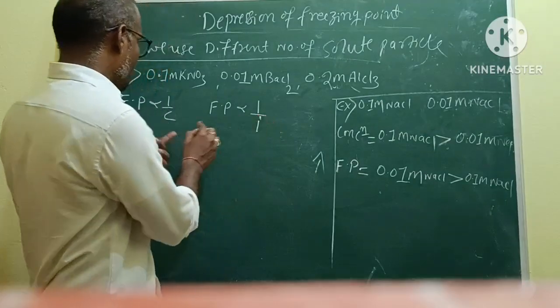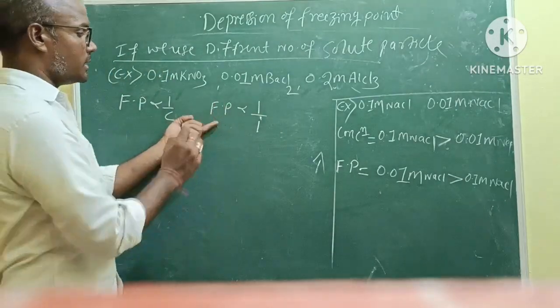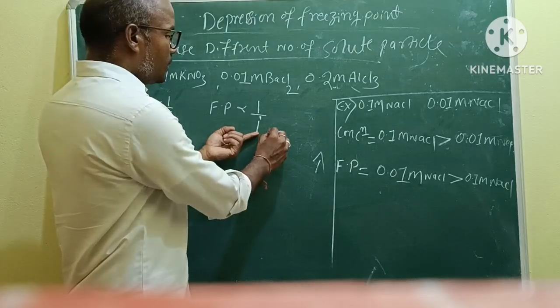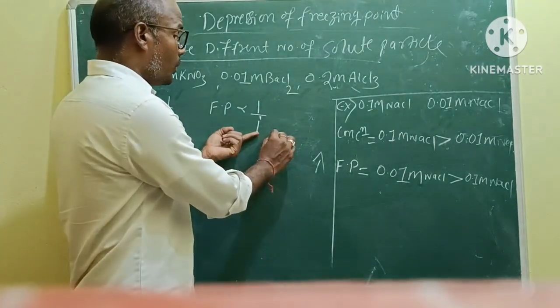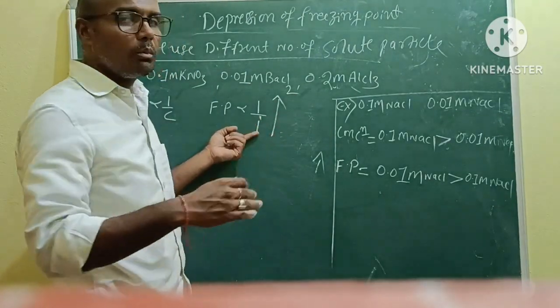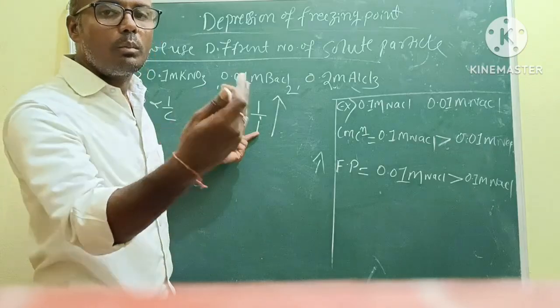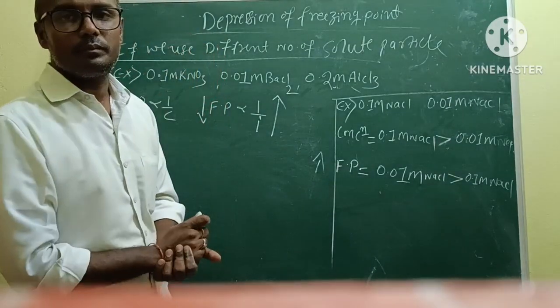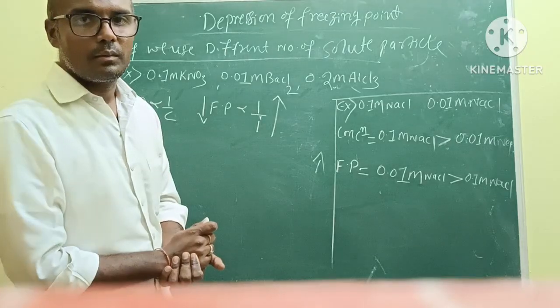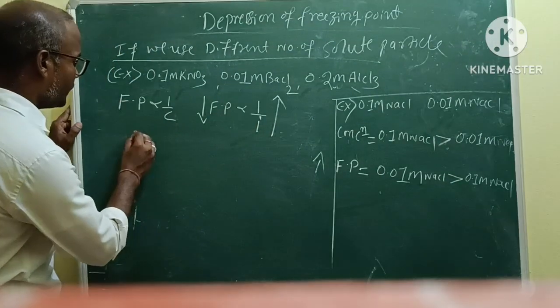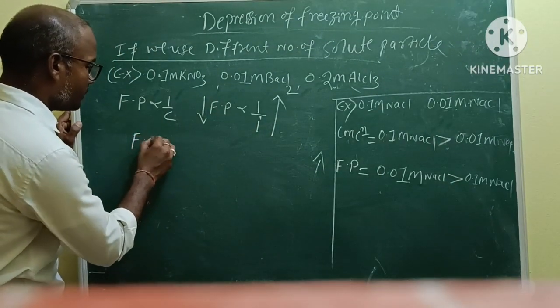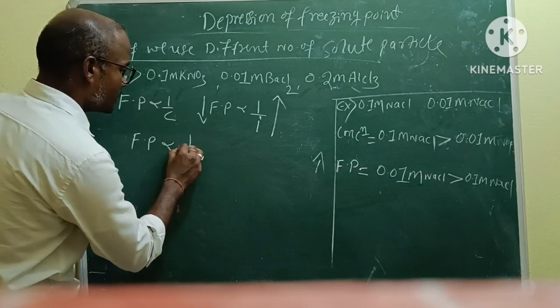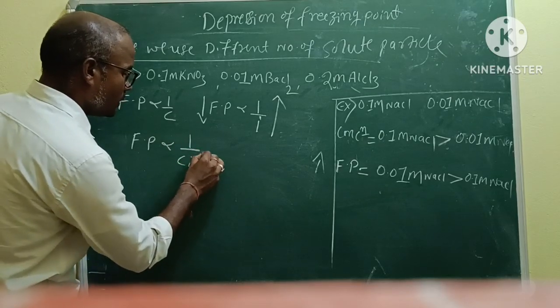If more solute particles are present, meaning more particles dissociated, the freezing point decreases. Collectively, the formula is: freezing point is inversely proportional to C into i.